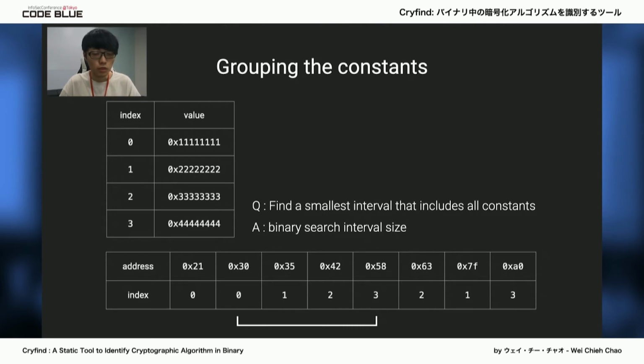After we find a match, we can pull the constants out and do the same thing on the remaining constants. Notice that we restrict the interval size to be no more than one page size, because we assume the constants are not very scattered, at most within a page size.